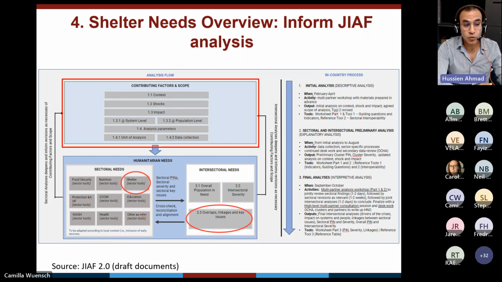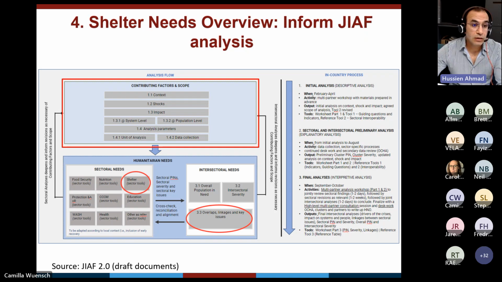And for the shelter cluster, we are not requiring to repeat that exercise. We are borrowing this box from the intersectoral perspective and using it with shelter lenses.